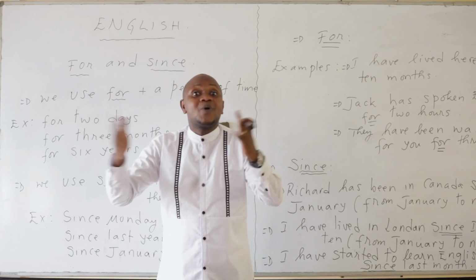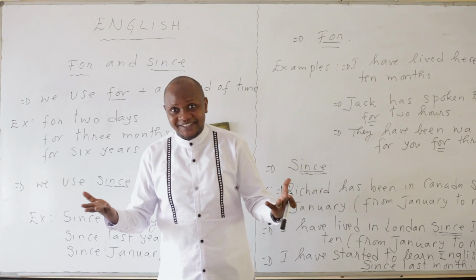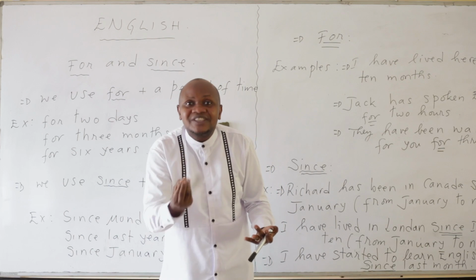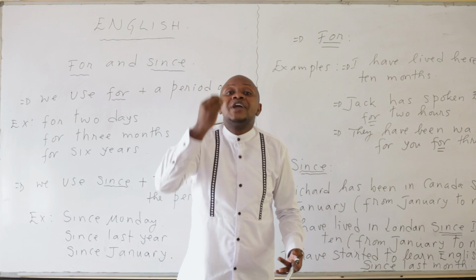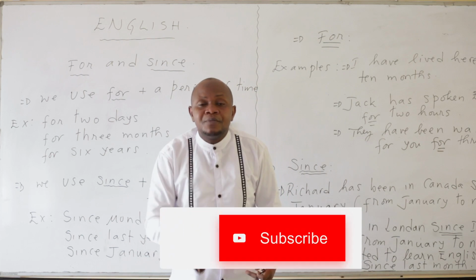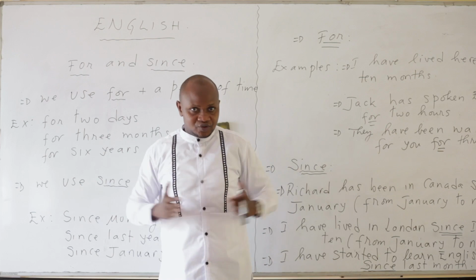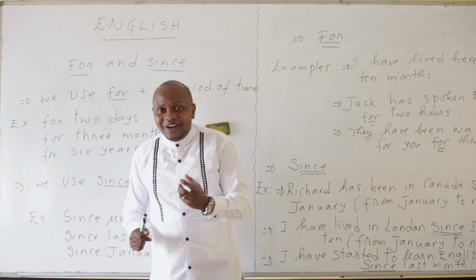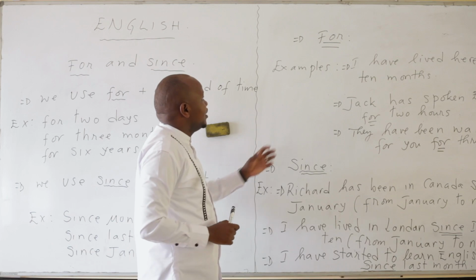Yes. Then when you say they have lived in this house since 2021, ubu uri kuvuga ngo guhera 2021 bari muri iyi nzu, up to now n'ubu ngubu baracyari muri iyi nzu. Since, for. Nice.